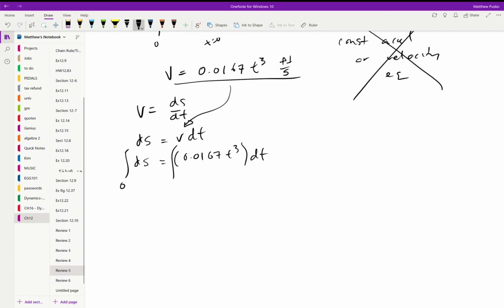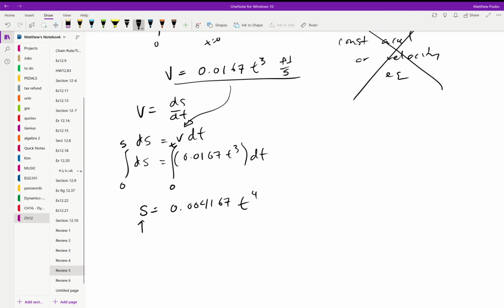Let's just go ahead, we can put an s in. I like getting a generic equation, from 0 to some t. Okay, integrating that, we get s as a function of time, 0.004167 times t to the fourth.